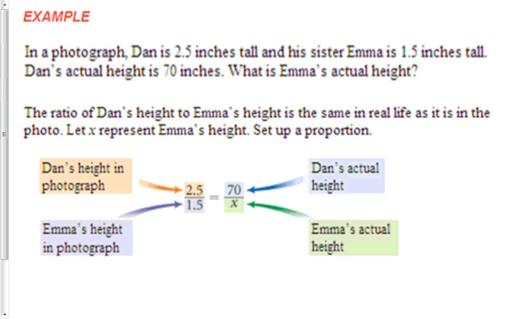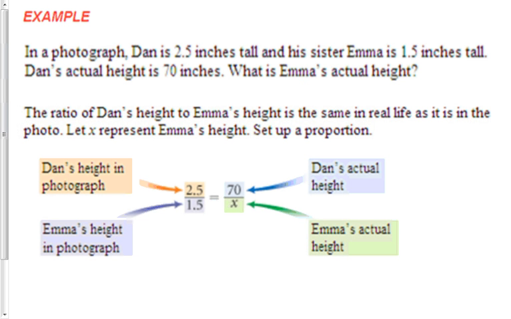Now, there are many ways to set up a correct proportion, right? For example, if you look at the top number in each ratio, Dan's height in the photograph and Dan's actual height, those numbers correspond to one another. If you look at the bottom numbers, Emma's height in the photograph and Emma's actual height. When you set up a proportion, in order for it to be correct, you have to have corresponding pieces in the same fraction and also on top of the fractions or on bottom of the fractions.